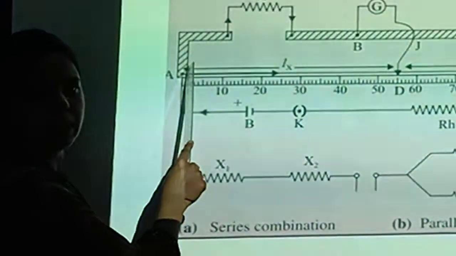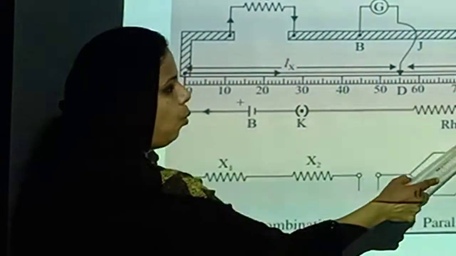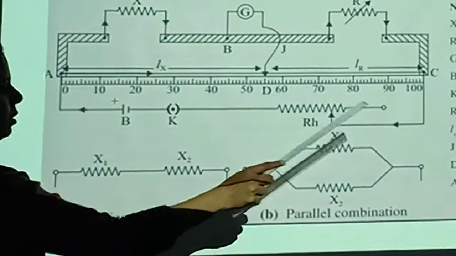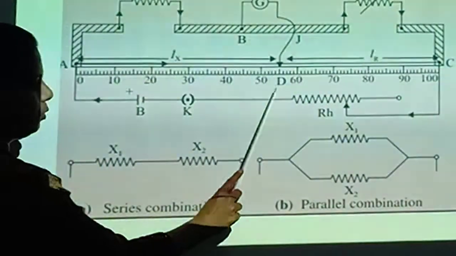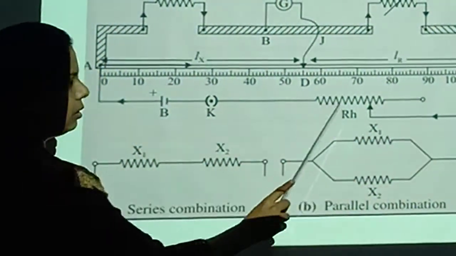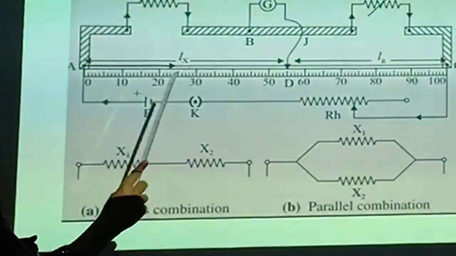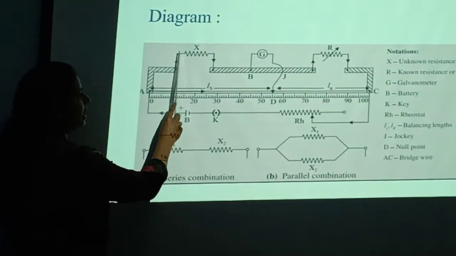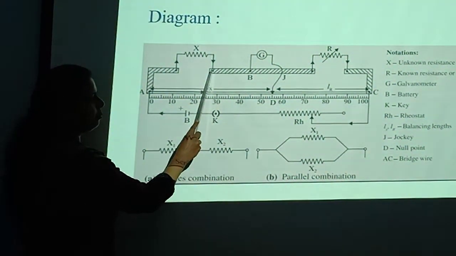Here you can see one fixed point is unconnected, so let it be. Only this one will be connected, this one will not be connected. So this is the circuit diagram. A point we have chosen, and we have connected X in this gap.